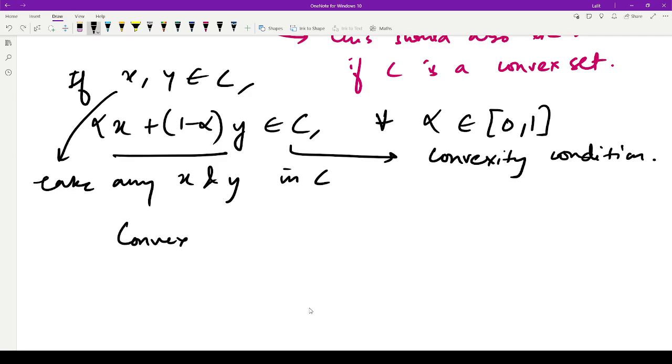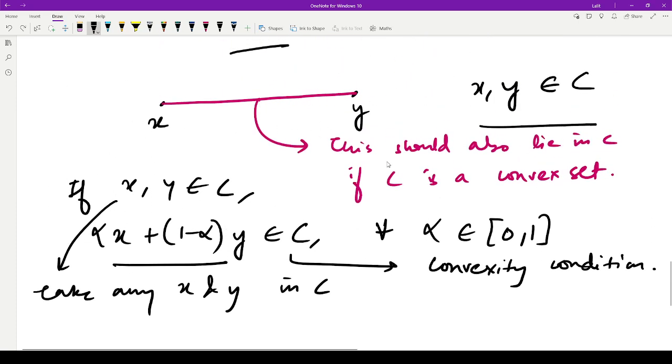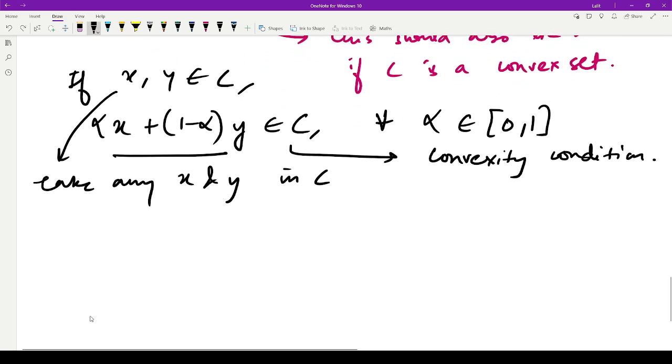Before we move on to convex hull, I should discuss a few examples so that it makes more sense. So this is just a 1D example out there. For a 2D example, how does it look? I'll ask you questions like this. Hopefully this is a circle. Is this a convex set?